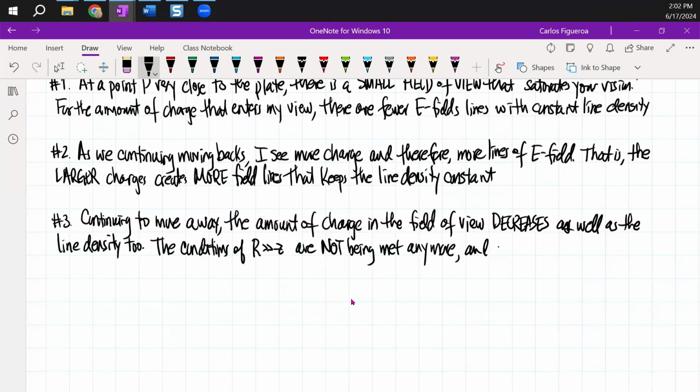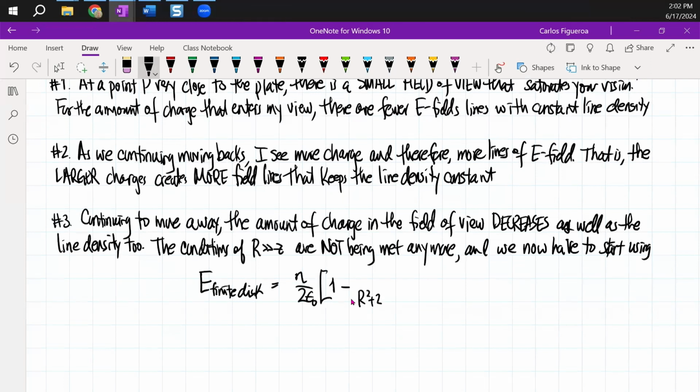And we now have to start using E finite disk, which is equal to eta over 2 epsilon naught times the quantity 1 minus Z over the square root of R squared plus Z squared.